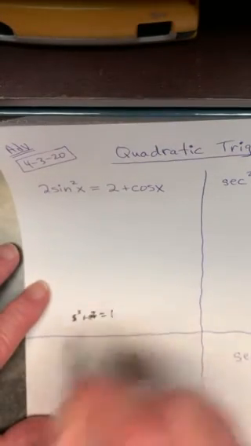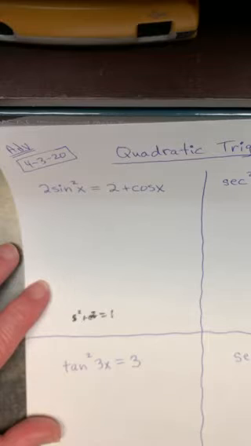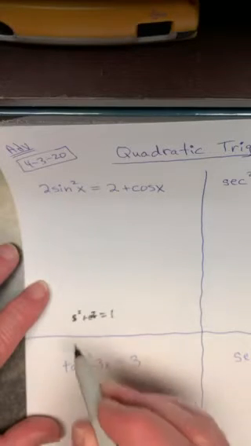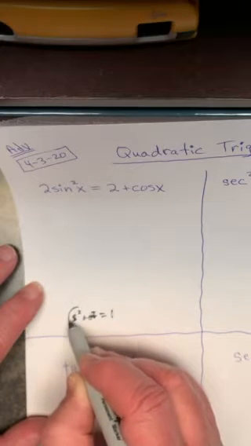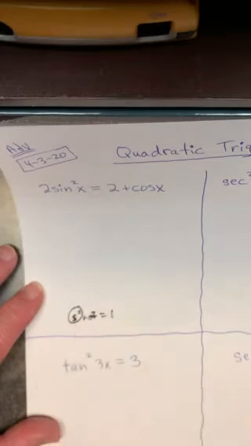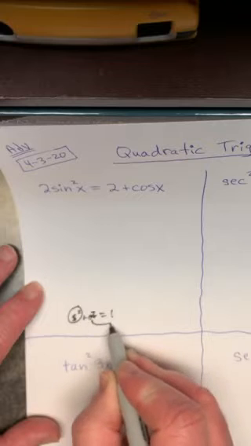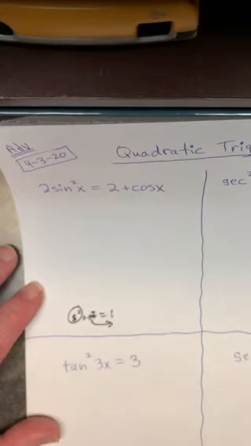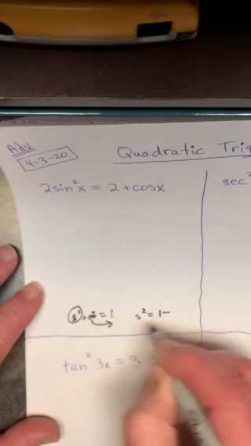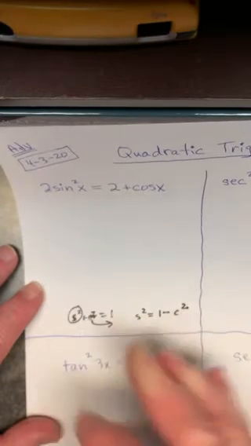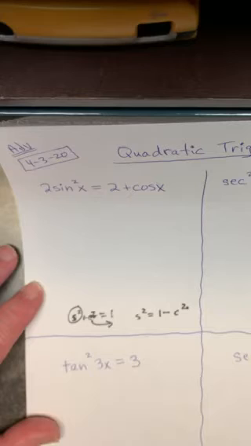At that time, when we were practicing some identities, we said that if you wanted sine squared all by itself, couldn't we subtract over the cosine squared? And sine squared would equal 1 minus cosine squared, just by manipulating that algebraically.